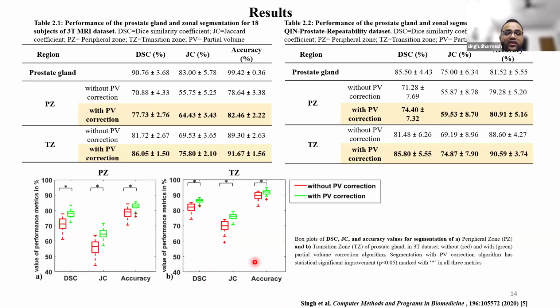There is a statistically significant improvement. This means the algorithm is not only improving average scores but also reducing variability.